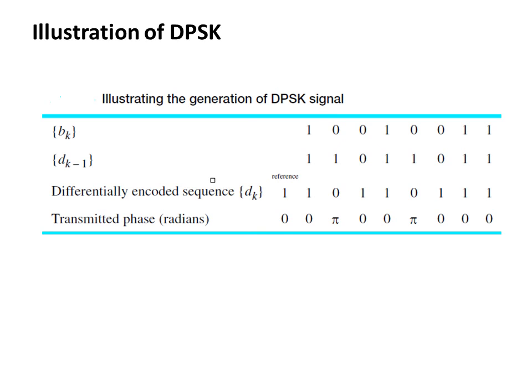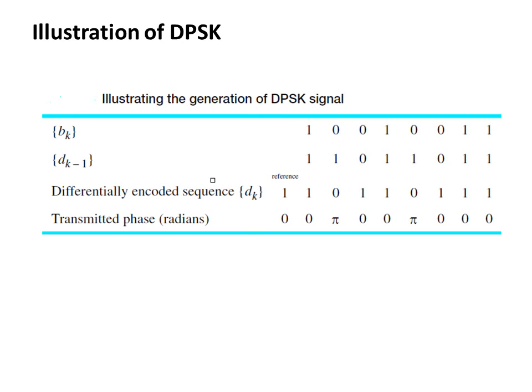Now we have to perform bk XNOR dk minus 1 to get dk. The XNOR operation says when two input bits are the same, the output is 1. When the two input bits are different, the output is 0. So for 0,0 and 1,1, the output is 1. And when the two inputs are 0,1 and 1,0, the output is 0.